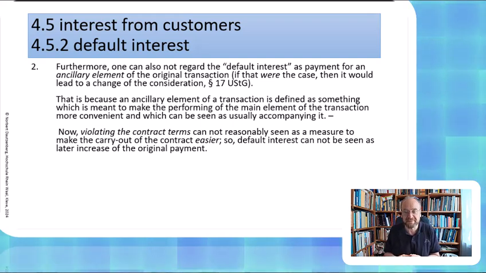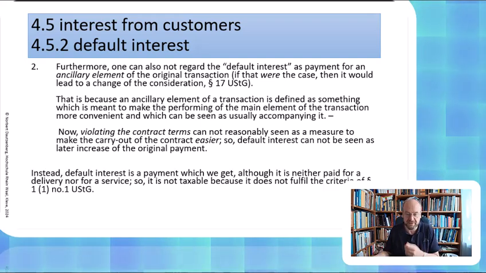So default interest cannot be seen as an ancillary element of the original contract and is therefore separate from the original payment. You have to judge it separately, and then you see what I already pointed out. It cannot be meant as any service payment, because there was no service from our side.